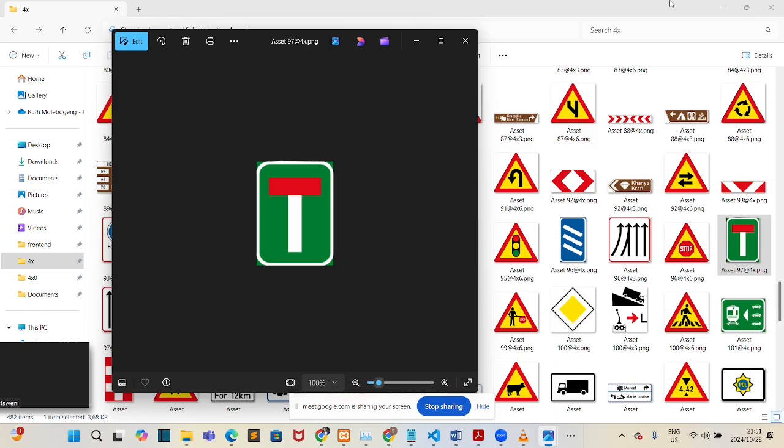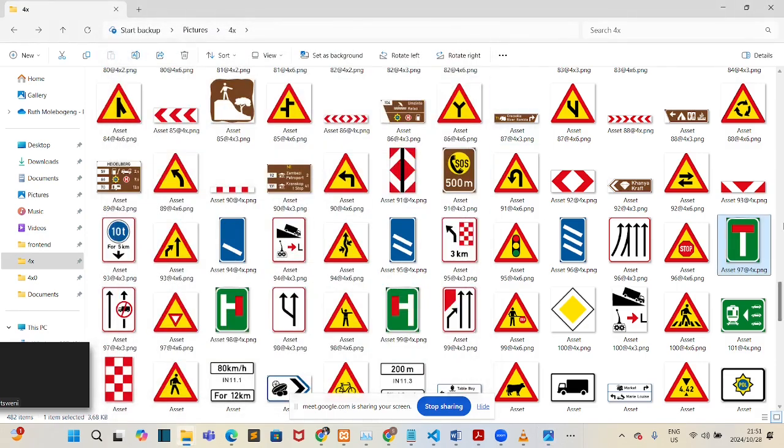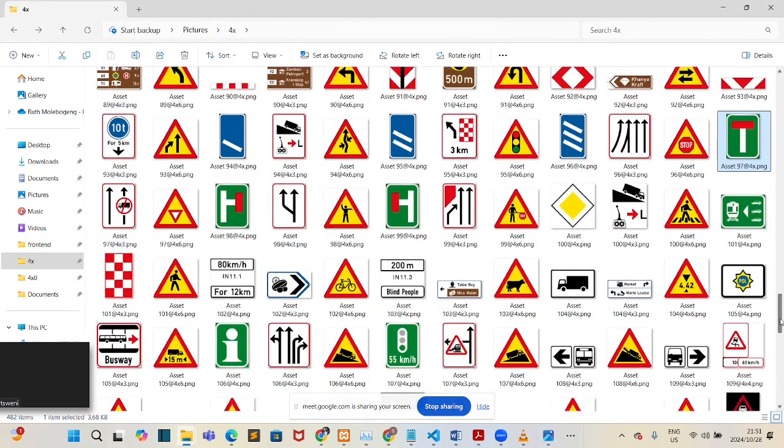Isn't it telling us about the dead end ahead? Correct. Telling us about the dead end ahead. Not here, ahead. So it acts like some sort of warning. So all cul-de-sac signs are just telling us about the dead end.